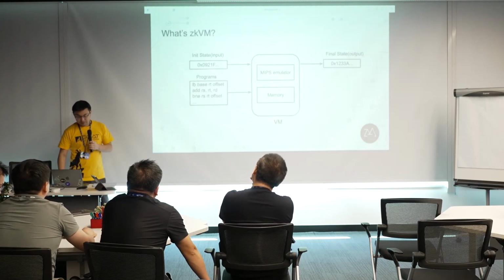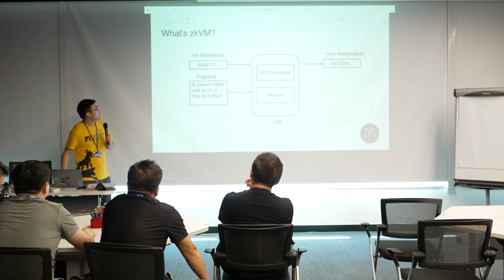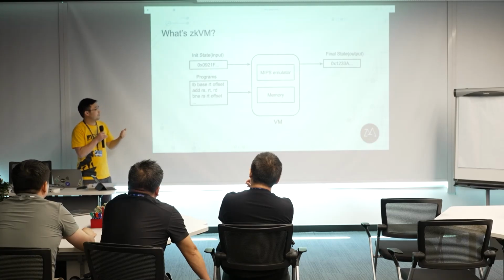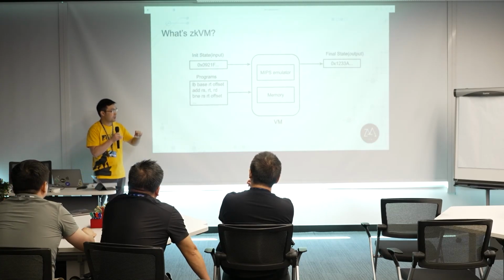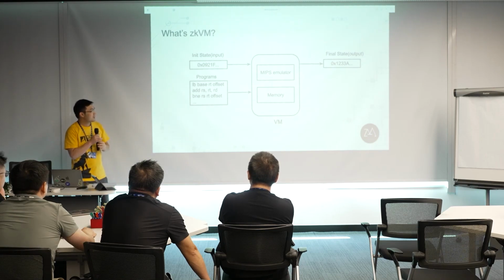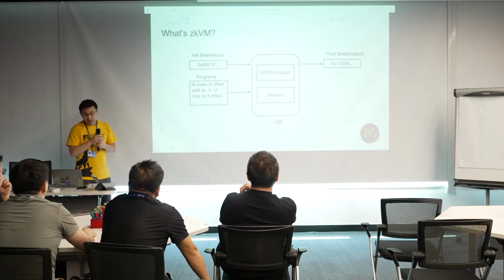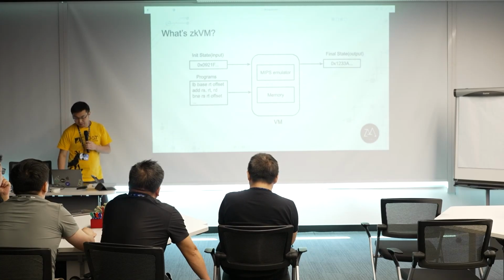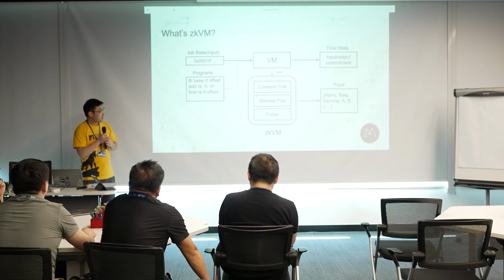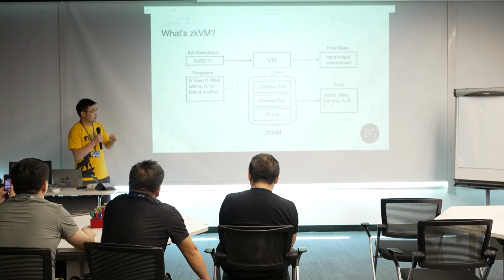So for a normal virtual machine, we have an emulator and its memory space. Then we digest the inputs, programs, and generate the outputs. But for the zkVM, we have more components.